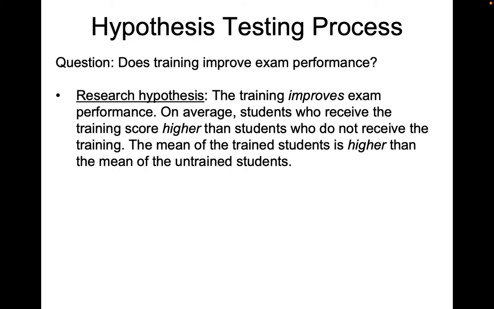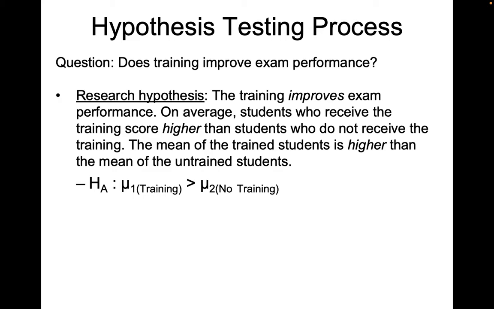This can also be stated as the mean of the trained students is higher than the mean of the untrained students. I've also stated the prediction using symbols. Stating hypotheses in symbols will be the preferred way of expressing hypotheses in this class.